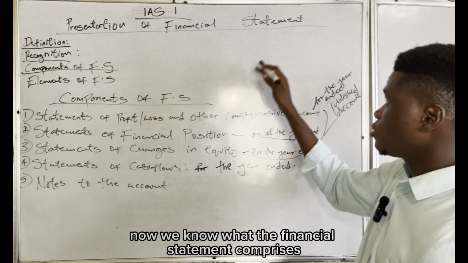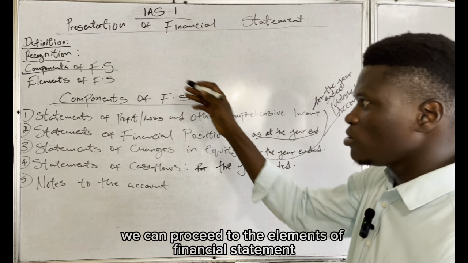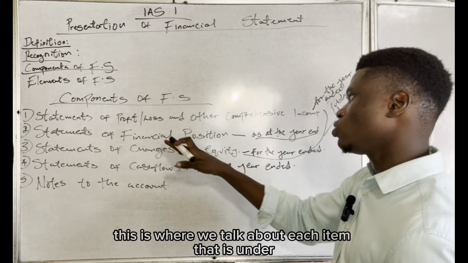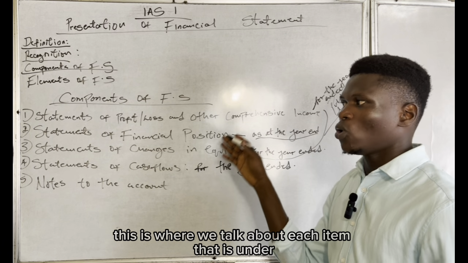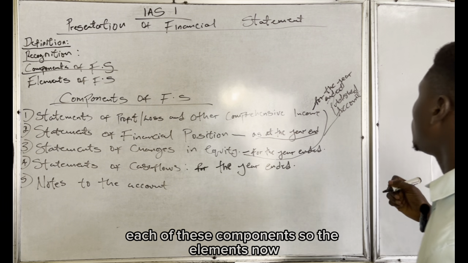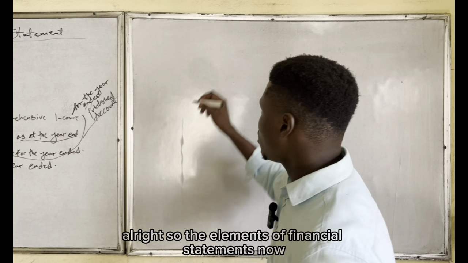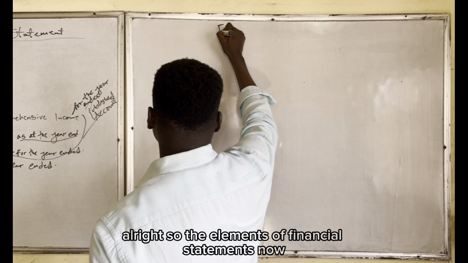Now we know what the financial statement comprises of. And we can proceed to the elements of financial statement. This is where we talk about each item that is under each of these components. So the elements now. All right, so the elements of financial statements now.